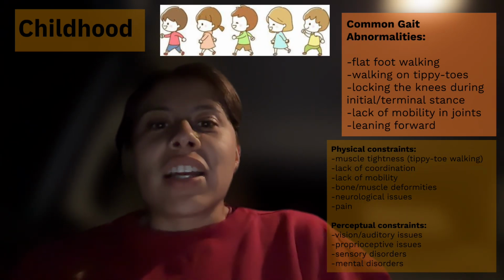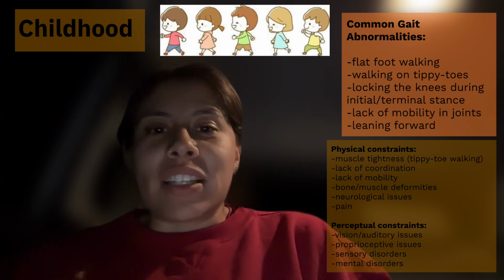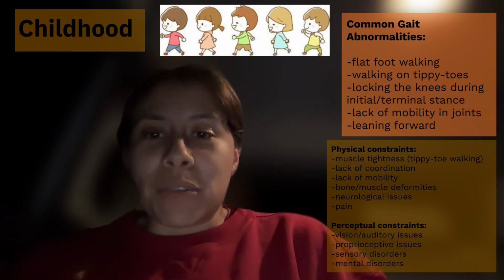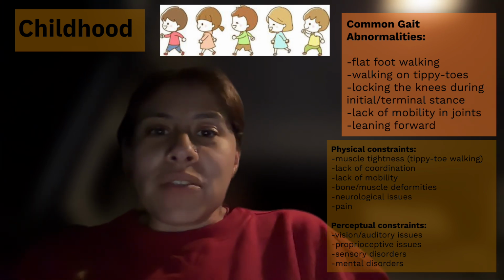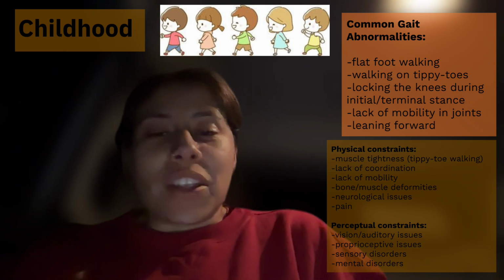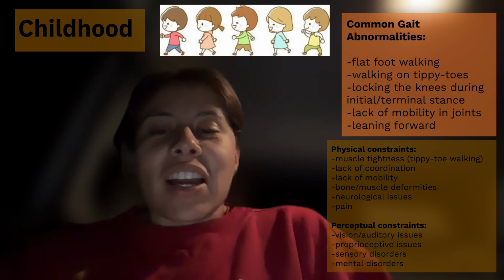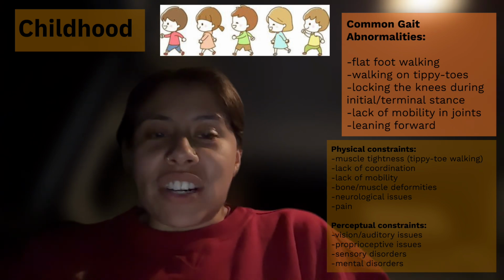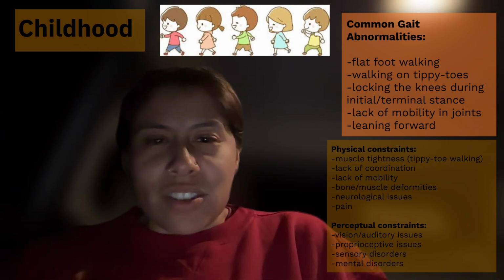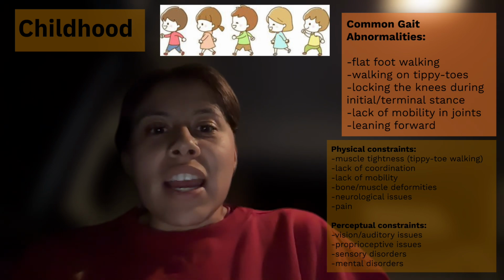In childhood, some common gait abnormalities, one of which she portrayed was walking on tippy toes. Some other children also walk flat-footed. Locking of the knees during the initial and terminal stance are also some common gait abnormalities, and leaning forward as well.